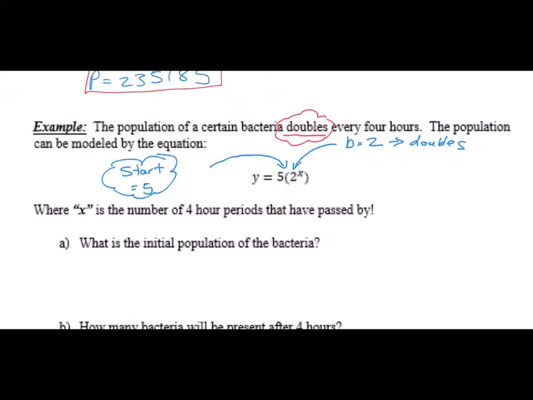It doubles, so this equation does work for what we're looking for. Now, this x value is based on the multiples of 4-hour blocks that pass by.